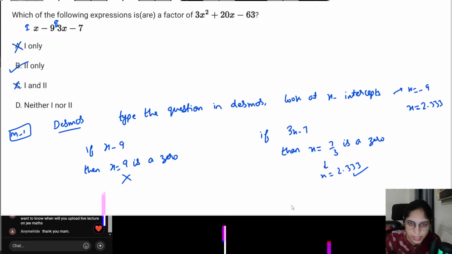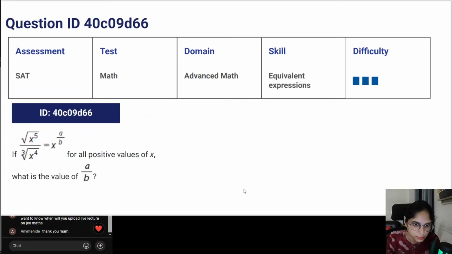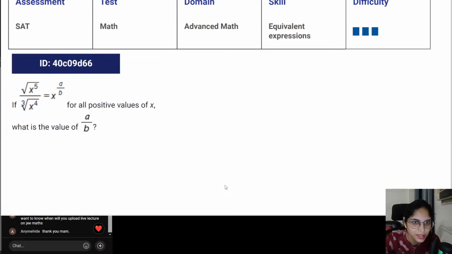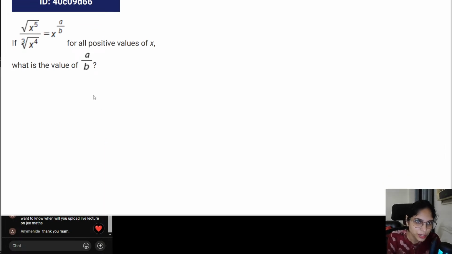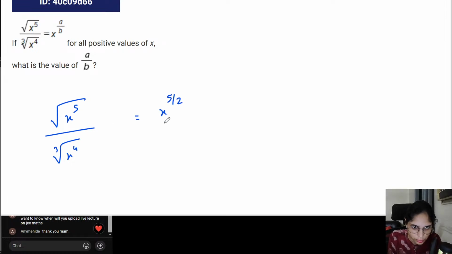Next is question number 11. This is exponents. We are using the laws of exponents. We have one square root of x to the fifth, cube root of x to the fourth. So this is going to be x to the power 5 over 2, and this is going to be x to the power 4 over 3.